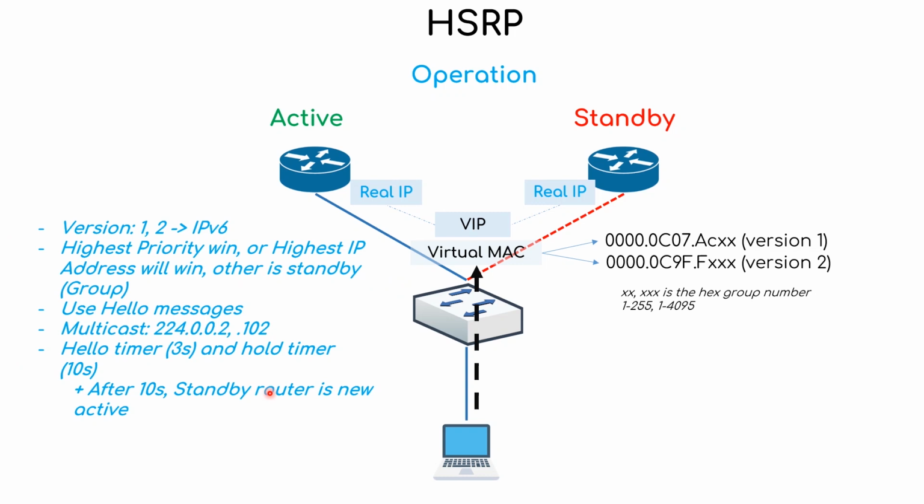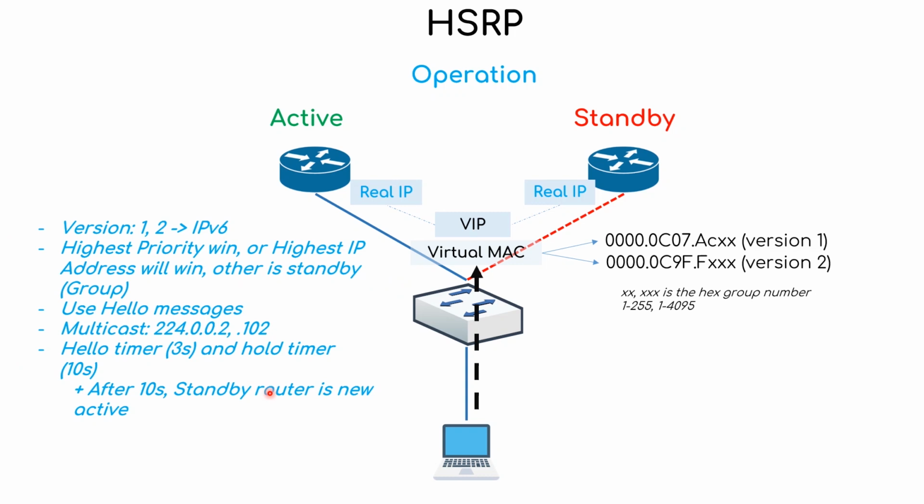If the priorities tie, HSRP uses the IP address of the interface, and the higher IP address will win. If we use three or more routers, HSRP uses only one standby router and one active router, and the other routers will be in the listen state, ready to become the new standby router if a failure happens.